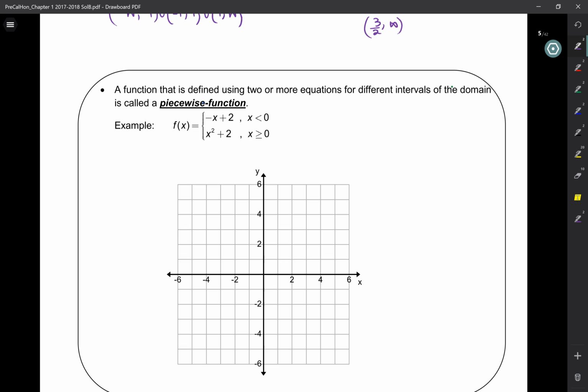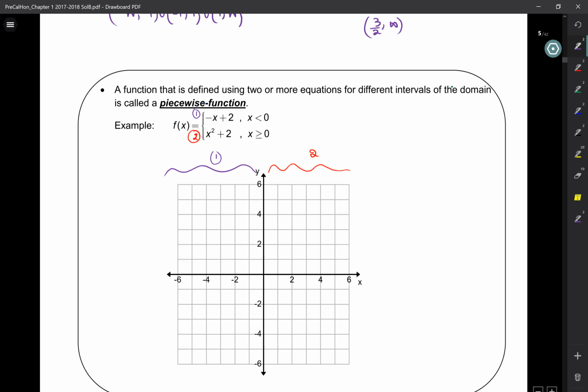The top function will only exist where x is less than 0. The other function will only exist where x is greater than or equal to 0. So we have region 1, where we're going to graph function 1, and region 2, where we're going to graph function 2.